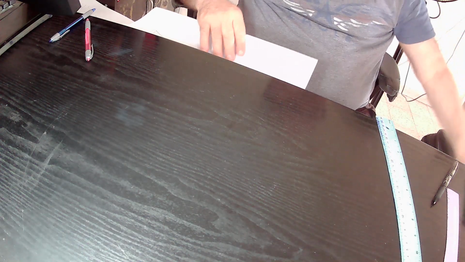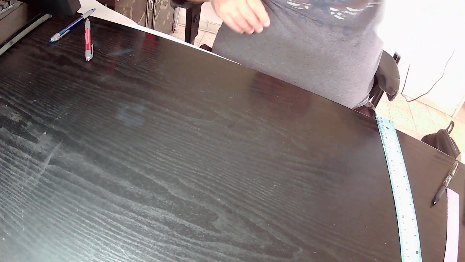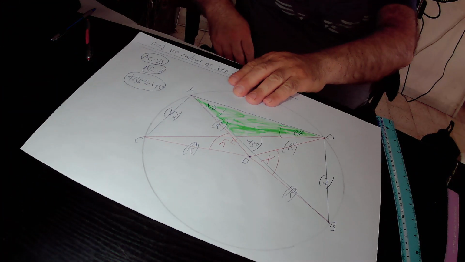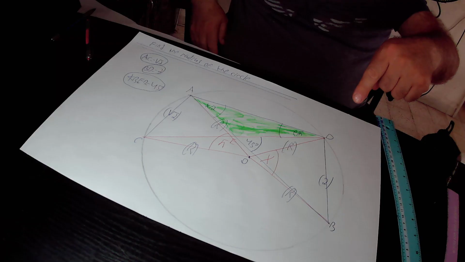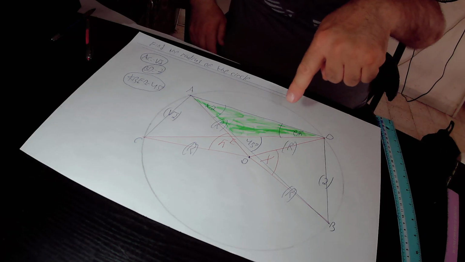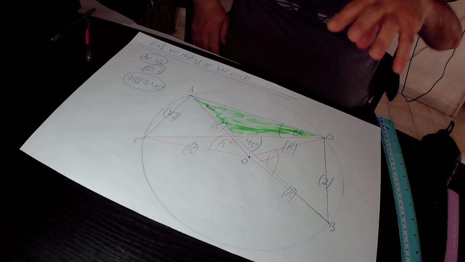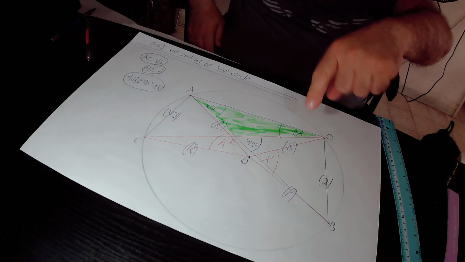So we can implement the law of cosines in any triangle, and especially in triangle DOB. So I copied this triangle DOB in a new page, and we implemented the law of cosines in this triangle DOB.